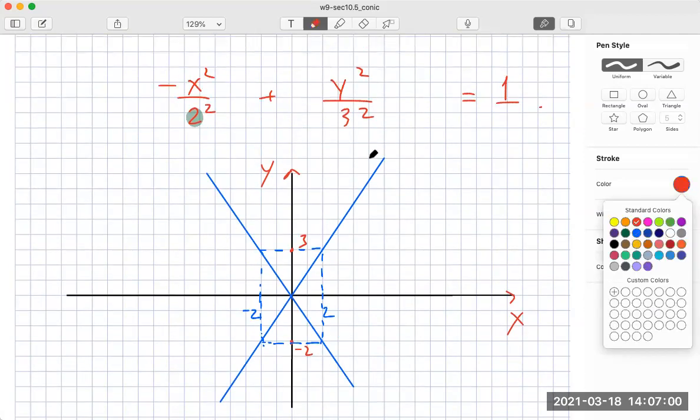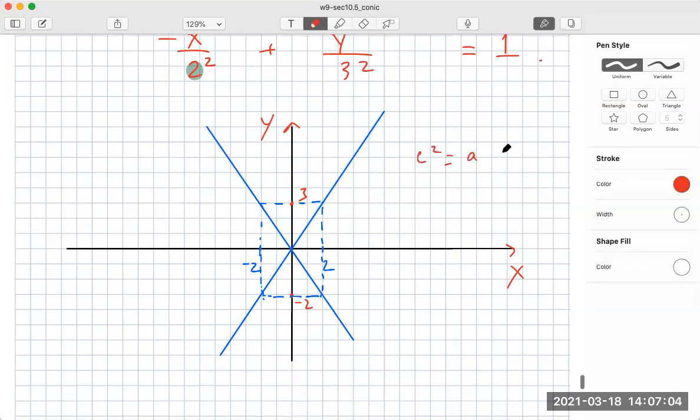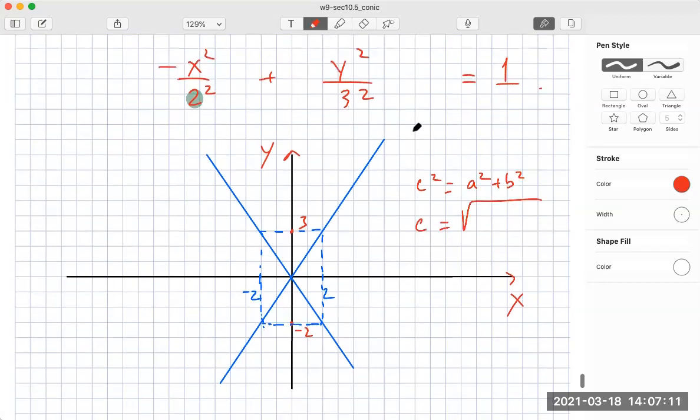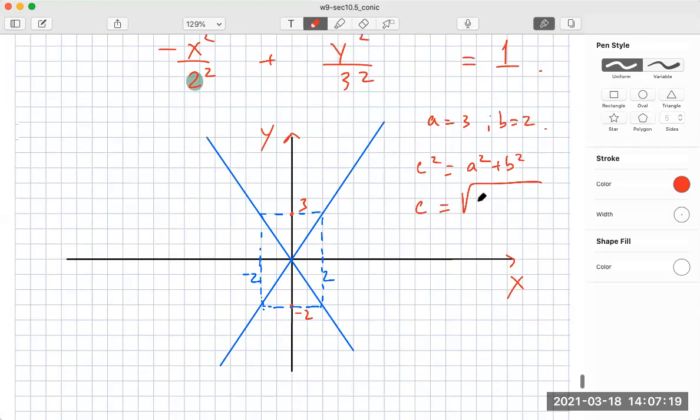So we know that c squared equals a squared plus b squared. Therefore, c will be, and what is a in this case? Here, right? Therefore, it is 9 plus 4, it is square root of 13. Do you agree? C is square root of 13.